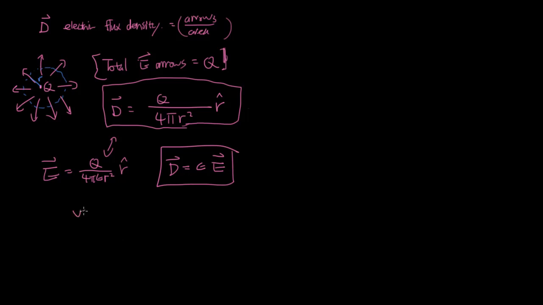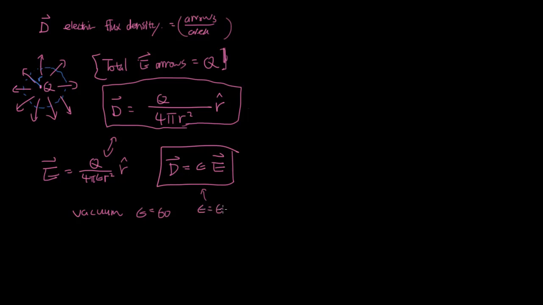And in the case of a vacuum, epsilon is equal to epsilon naught, that quantity that I defined earlier. But this changes with different materials. So when it's not necessarily vacuum, if we're generalizing it, I'm just going to call it epsilon. If it says epsilon naught, then that's the case of a vacuum.